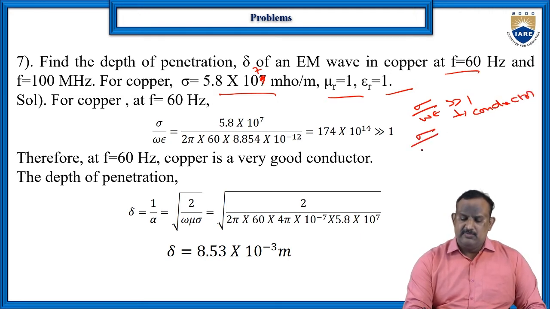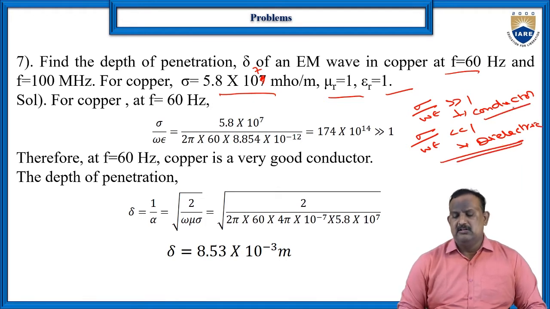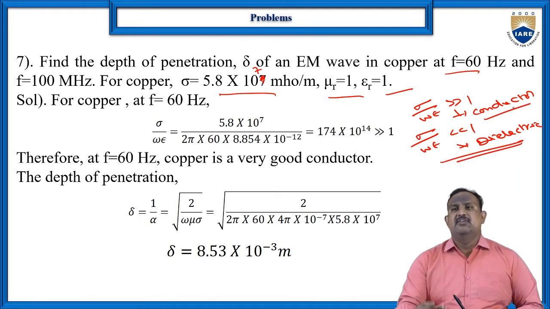If sigma by omega epsilon is much less than 1, then we can call the material a dielectric material. So based upon the dissipation factor, we can differentiate whether the given material is a conductor or a dielectric material.